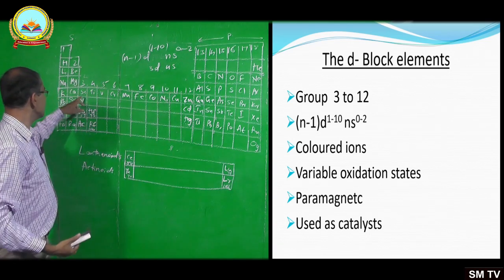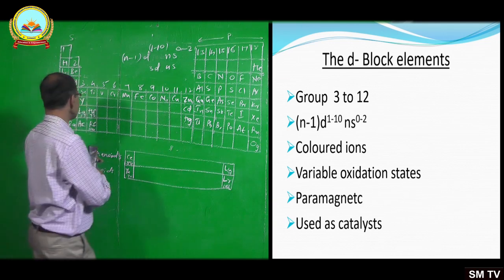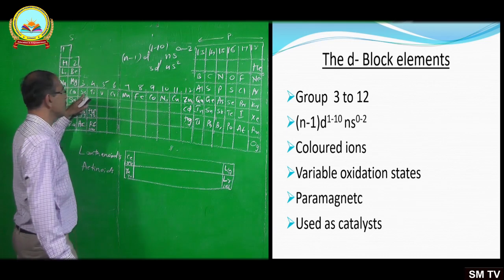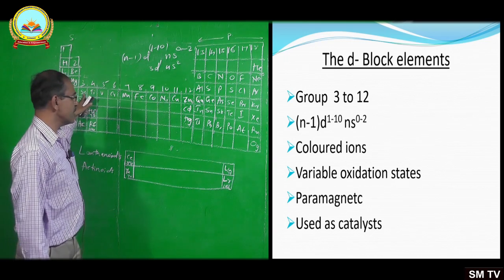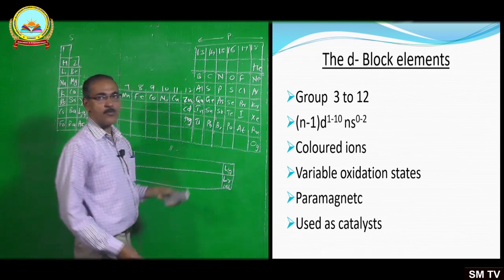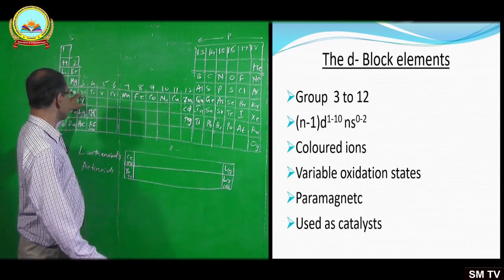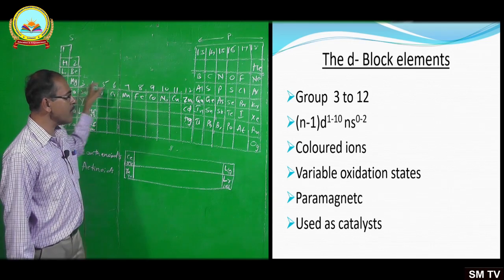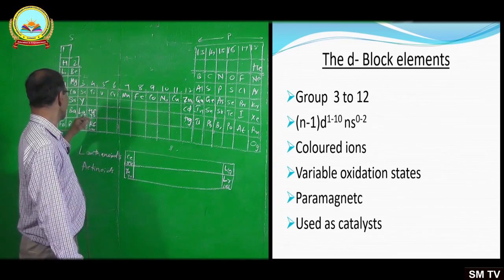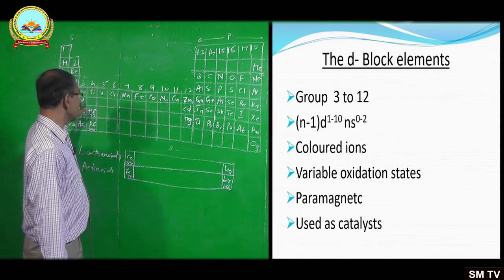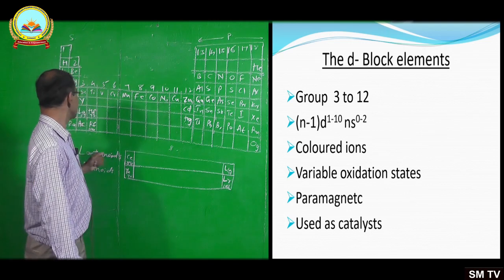For scandium, your outer electronic configuration is 3d1 4s2. So, in the d block, we have 4 series of elements. One is the 3d series, which starts from scandium, atomic number 21, to zinc. Then the second transition series, the 4d series, yttrium to cadmium.